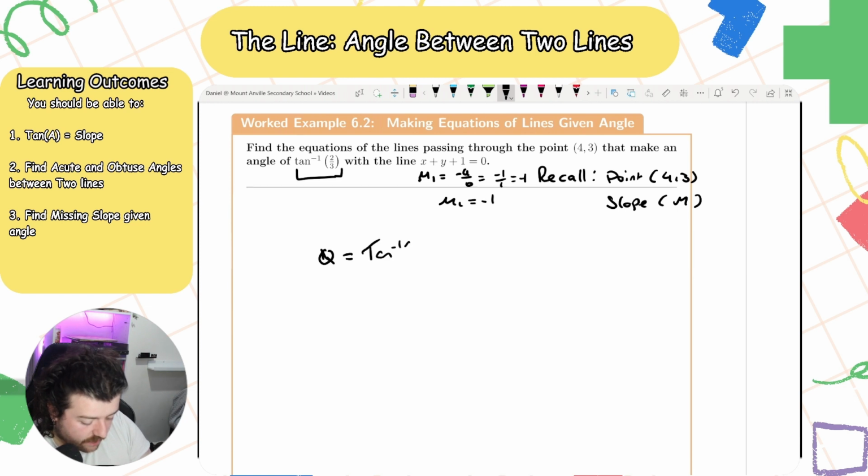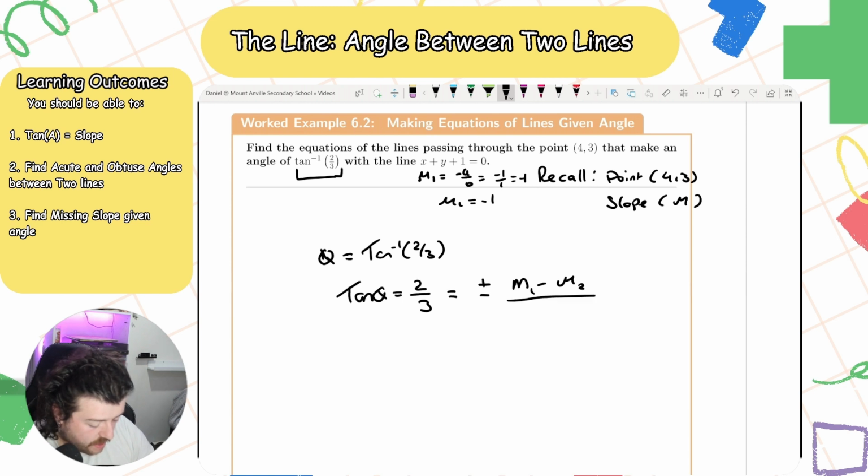So I know my angle is equal to tan inverse 2/3. Therefore, tan of my angle should be equal to 2/3, which is equal to my formula: plus or minus m1 minus m2 all over 1 plus m1 times m2.